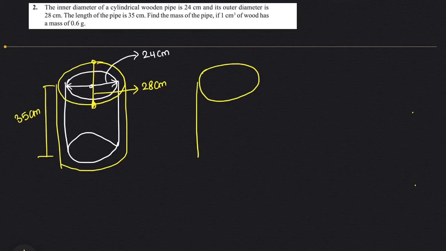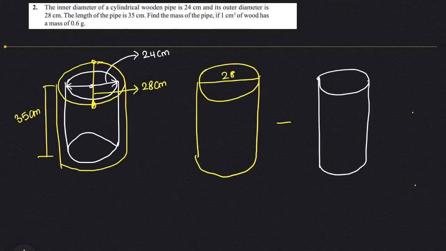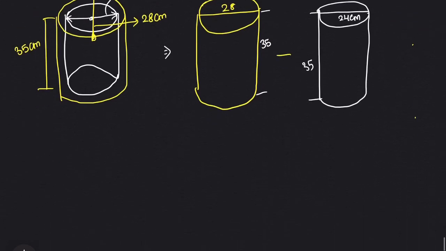Just find the outer volume, with diameter 28, minus the inner one, with diameter 24 centimeter, and both heights are 35. So find the volume of this one minus the volume of the second.